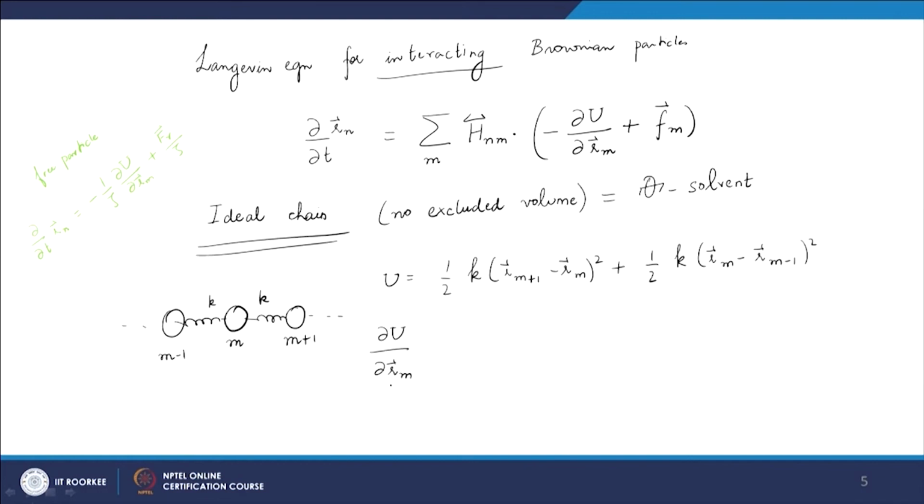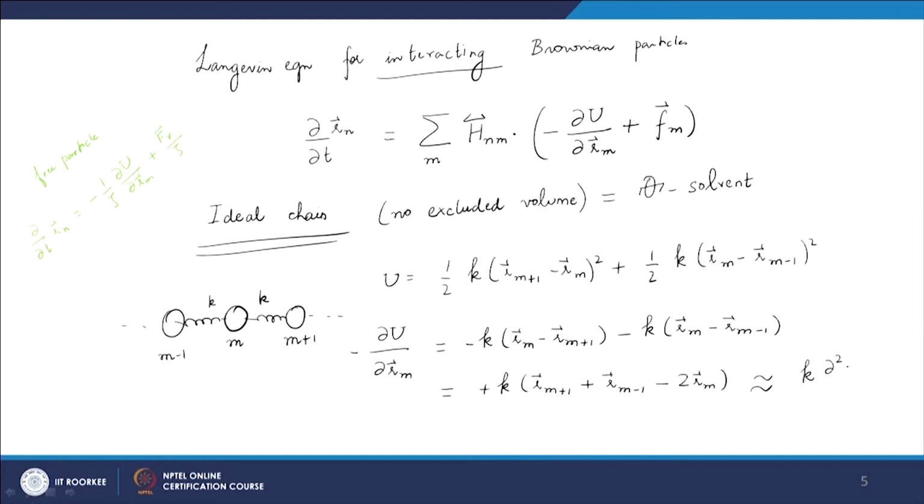And so we can write minus dou u by dou r m as minus k (r m minus r m plus 1) minus k (r m minus r m minus 1), which is minus plus k (r m plus 1 plus r m minus 1 minus 2 r m), which we had approximated as k dou 2 r by dou m squared. Okay, and that is how we take it to the continuous space.